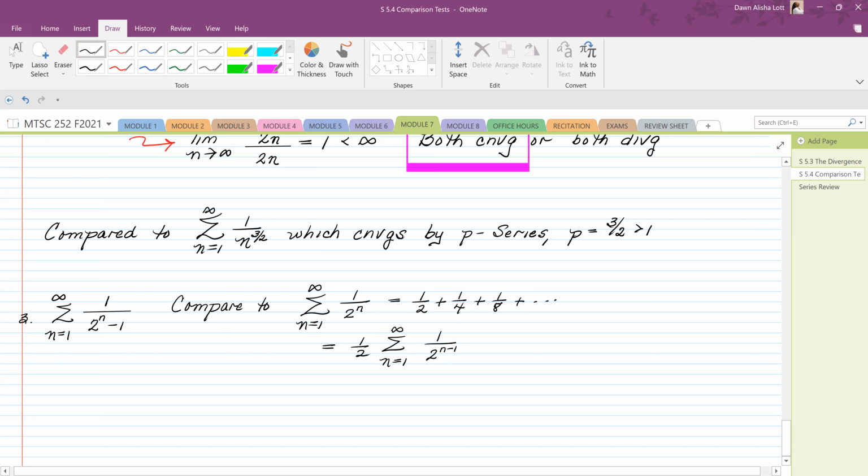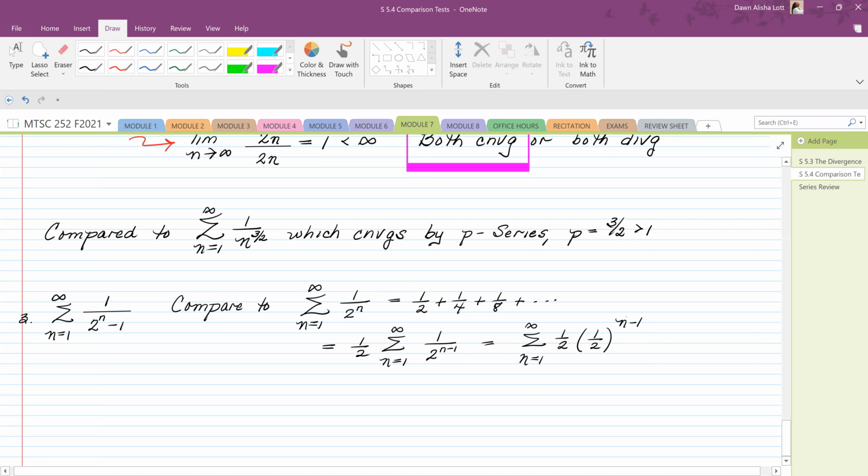So that series is just 1/2 of the geometric series, which is 1/2 times the summation n equals 1 to infinity of 1/2 to the n minus 1.